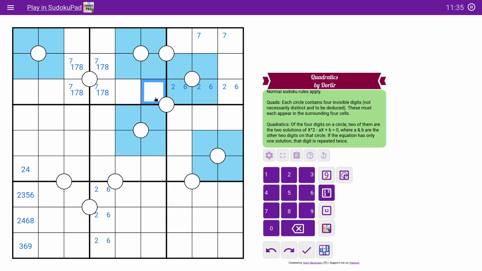Hmm. 3, 3, 6, 9 is a very restricted thing to fit into the grid, but not so restricted that I'm able to easily eliminate it anywhere.